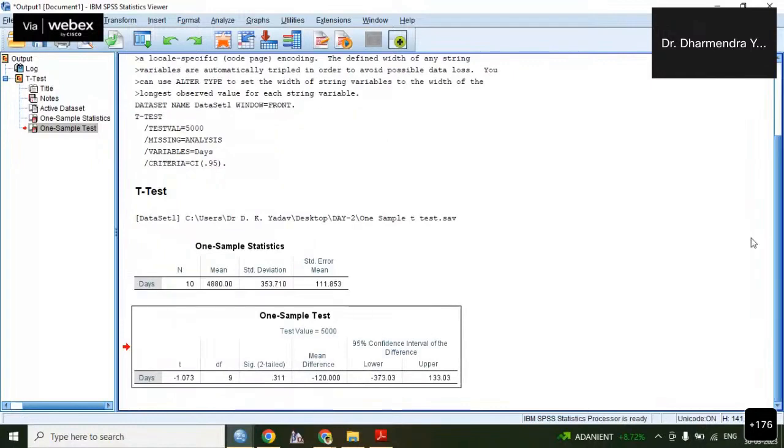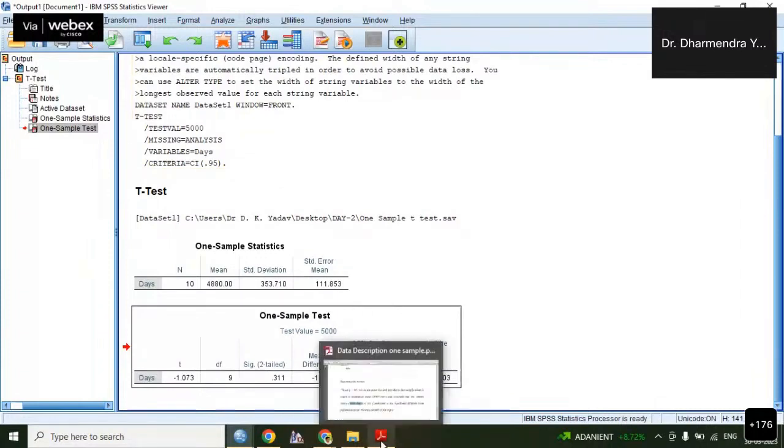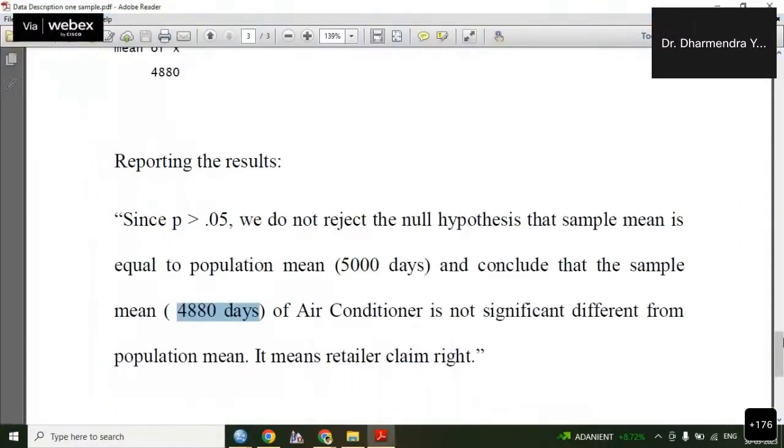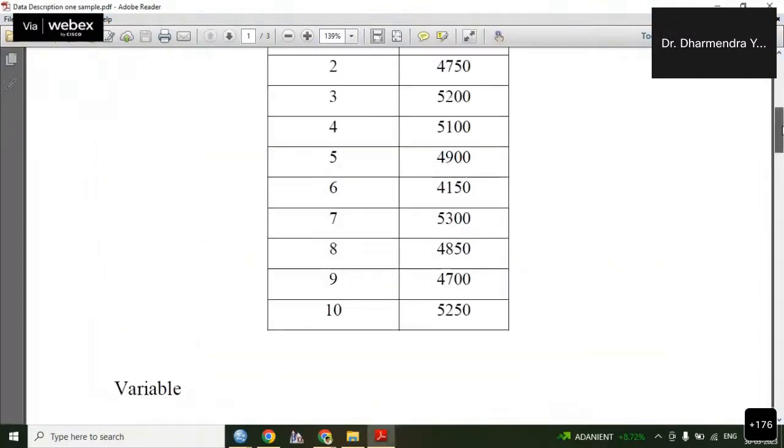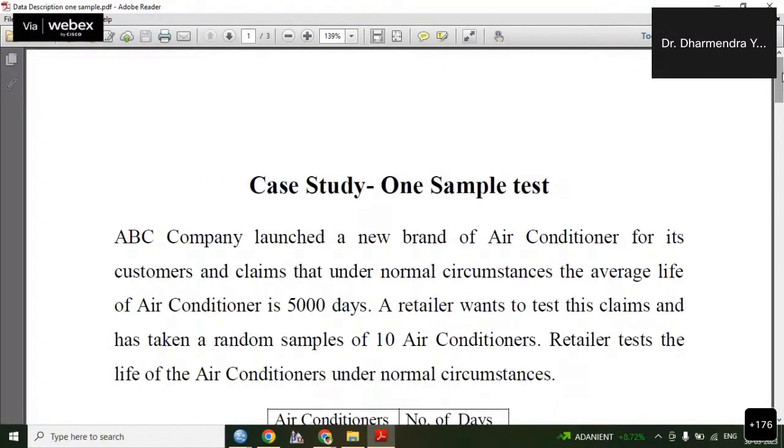This was the single sample test. Another problem is the two sample t-test, right? It means we have two samples. It was a case of one sample; similarly, there is a case of two samples also.